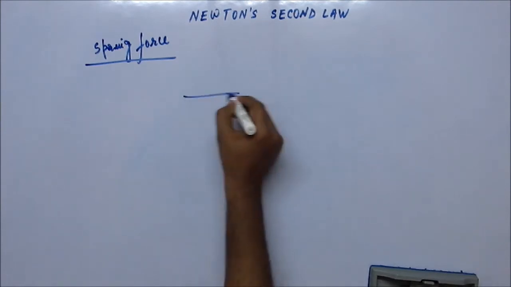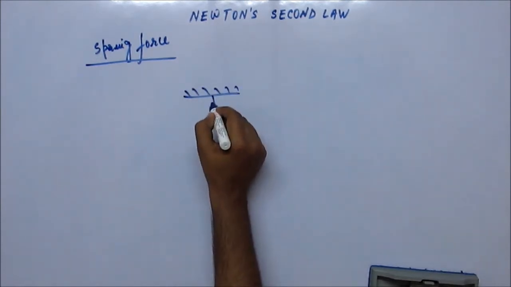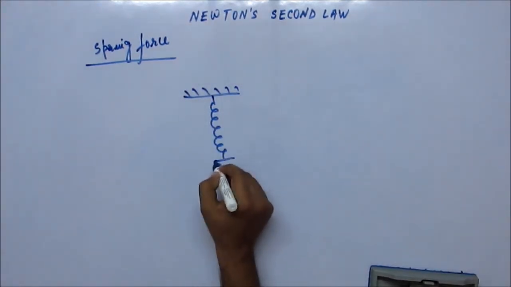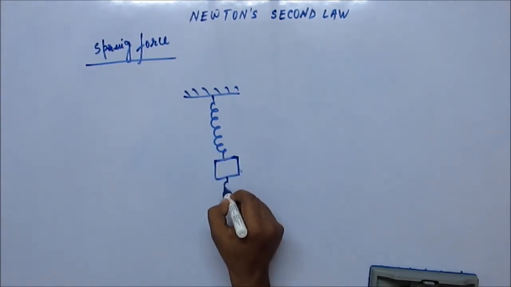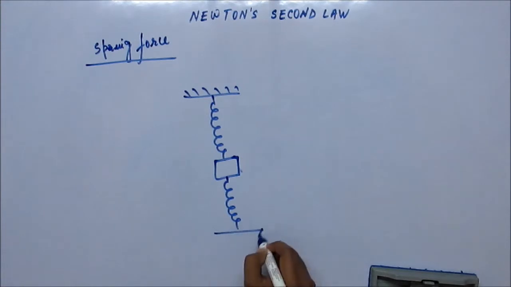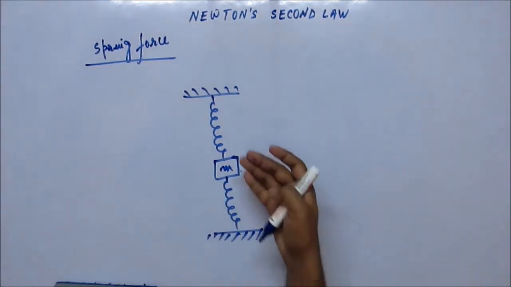Let's quickly then also go through this problem. A block of mass m is not given, is kept stationary using this kind of system.